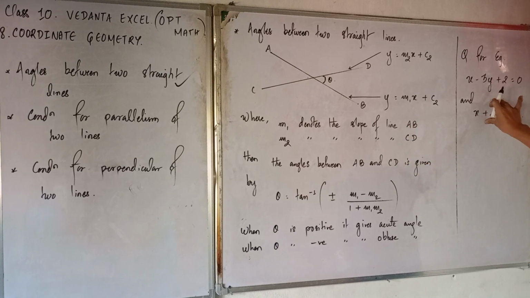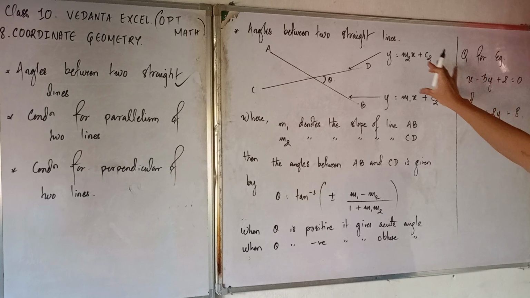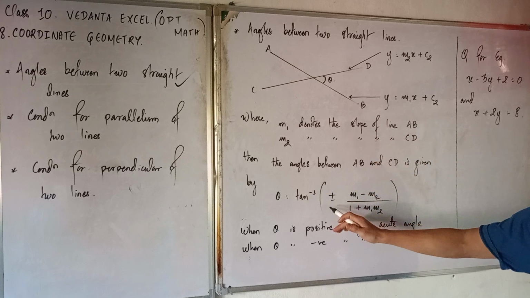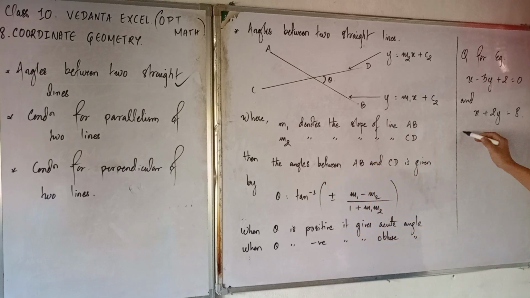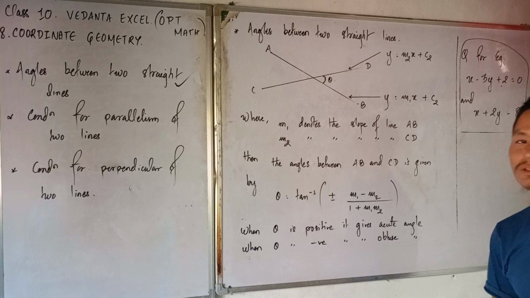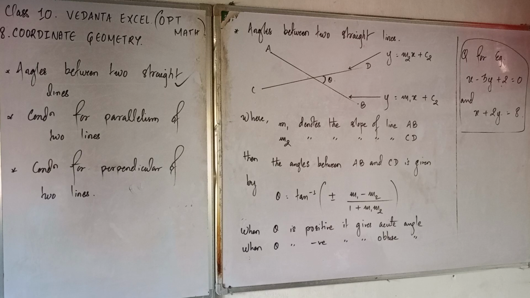Without further delay, I'm going to write this. If you need, you can take notes. You will be needing this formula while solving this. We are going to find the angles between these two lines, both the obtuse angle and the acute angle, so let's move into that.